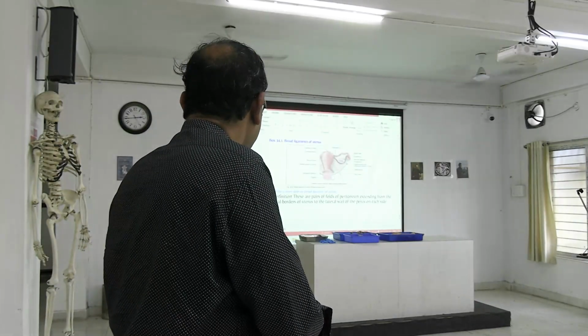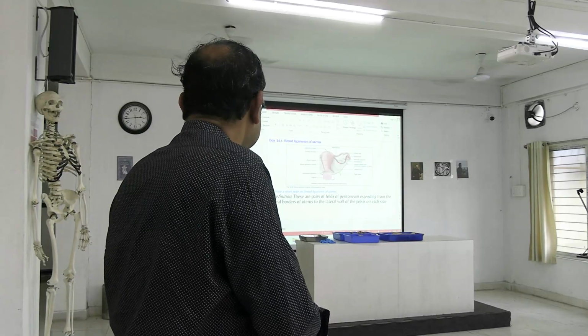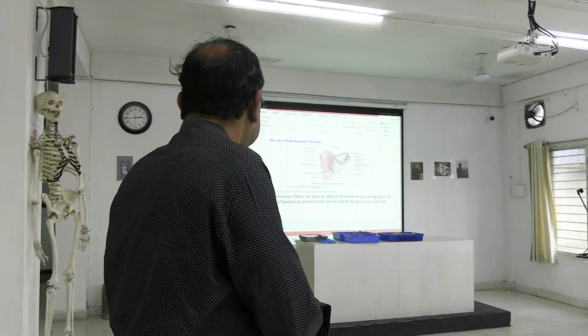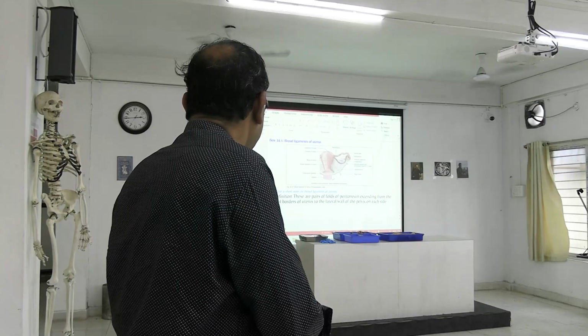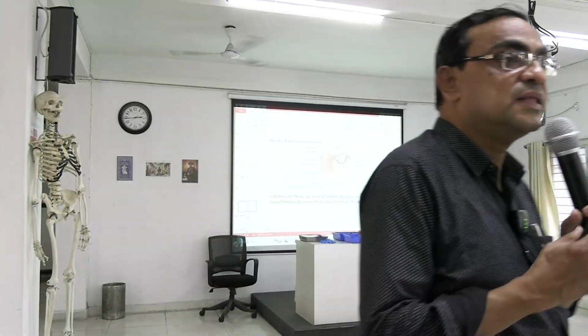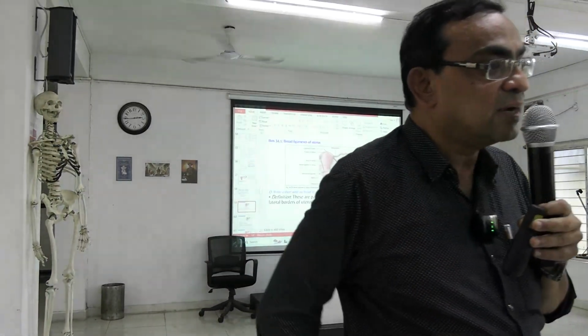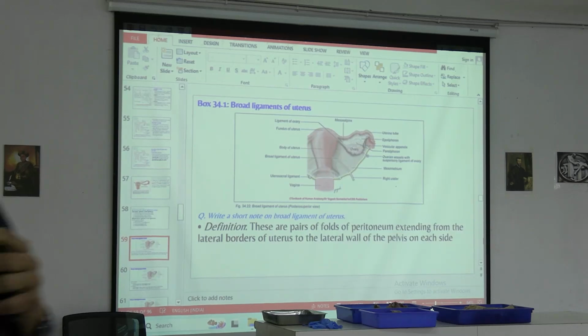So this whole broad ligament has several parts. The part between the uterine tube and the ligament of the ovary is called the mesosalpinx. Salpinx means the tube.